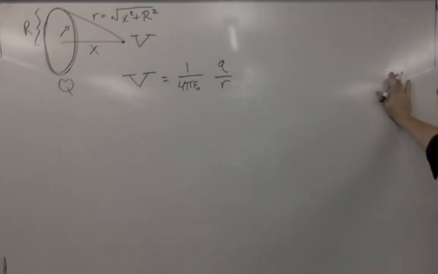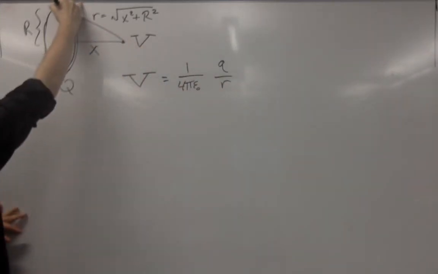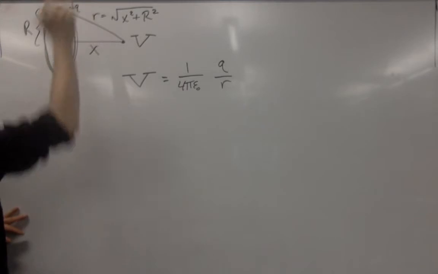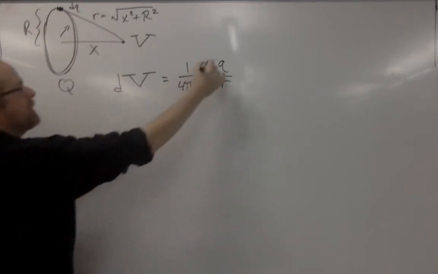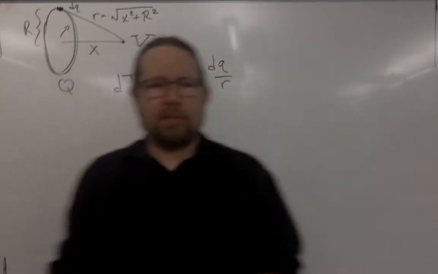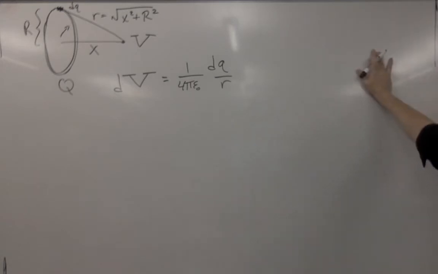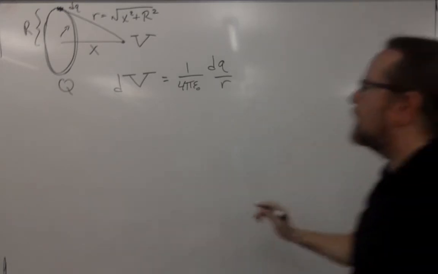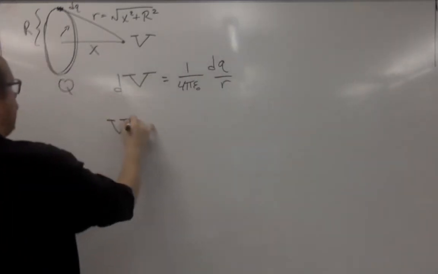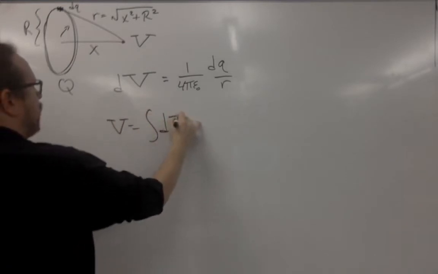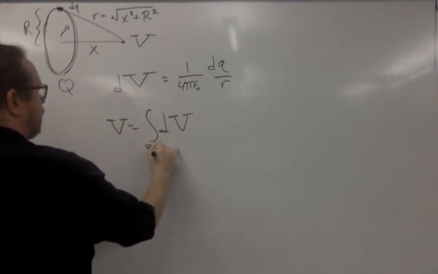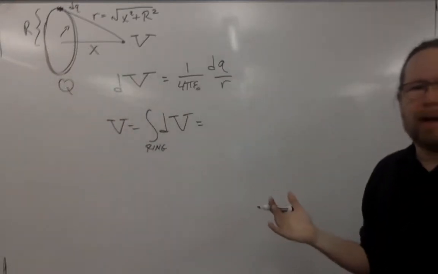And if we want to add up all the contributions due to all the elements of charge dq, then that dV is just going to be equal to 1 over 4 pi epsilon naught dq over r. So the total potential is equal to the integral of that dV over the ring. 1 over 4 pi epsilon naught is a constant.